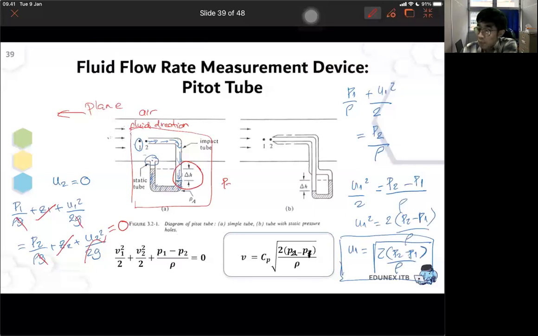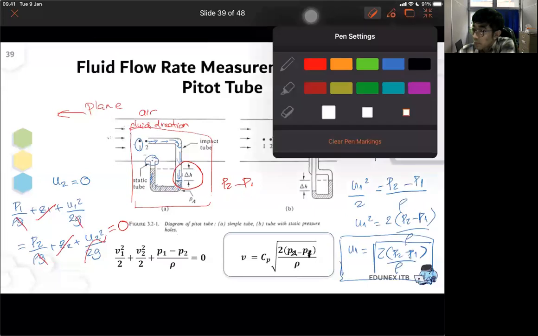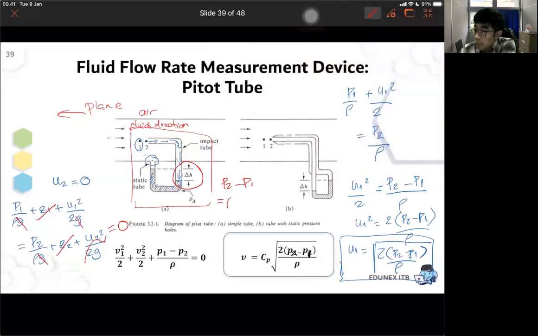So P2 minus P1 will be the density of the fluid inside the manometers times g times delta H. You incorporate this into this equation, or this equation. So by measuring the height difference inside the manometers, you can calculate the pressure difference between point 1 and point 2.